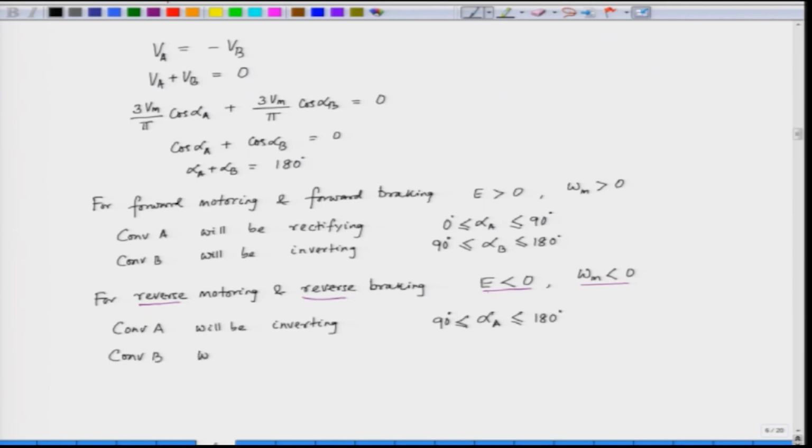Converter B will be rectifying, which means alpha B has to be between 0 to 90. So, when we say reverse motoring, the voltage is reversed. So, it means converter A will be inverting and converter B will be rectifying. So, this is the operation of circulating current type dual converter.